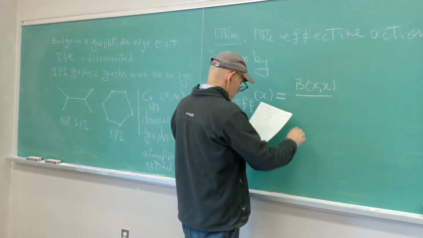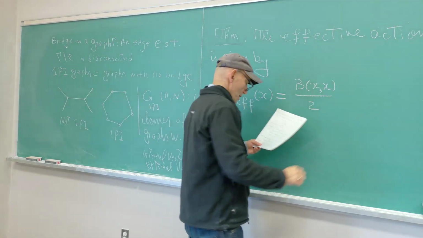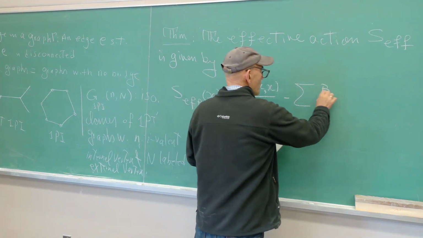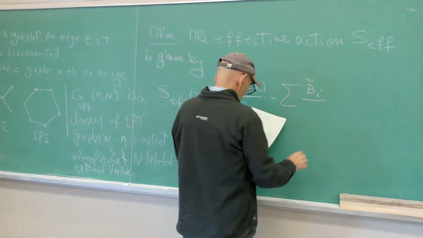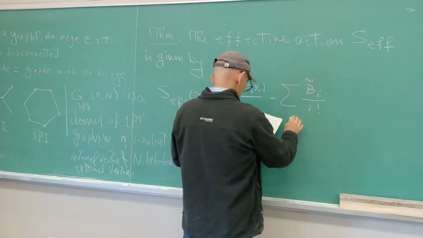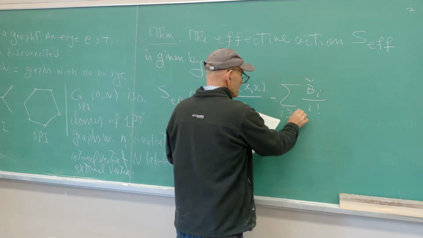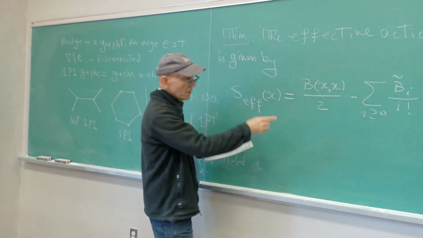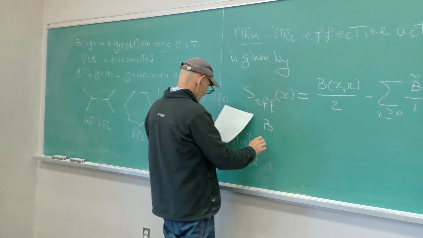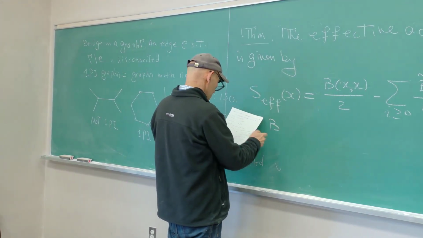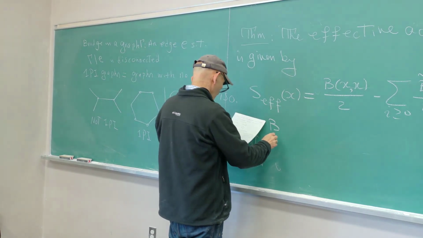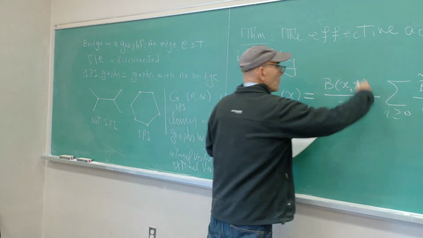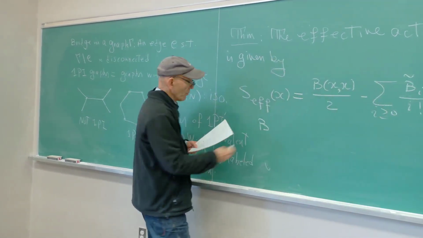The quadratic term doesn't change, same, and then sum b tilde I over I factorial, I bigger than or equal to 0, where this whole thing we call b tilde. So I just write one formula for all of them.